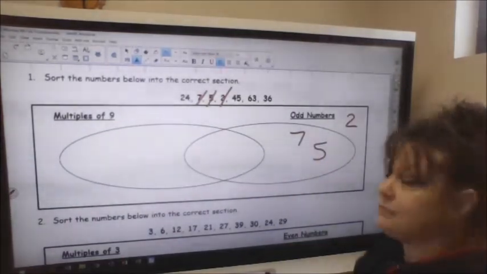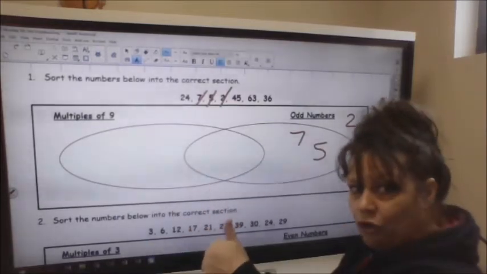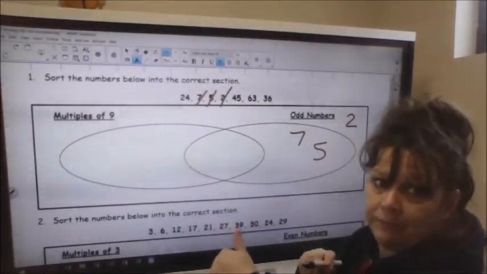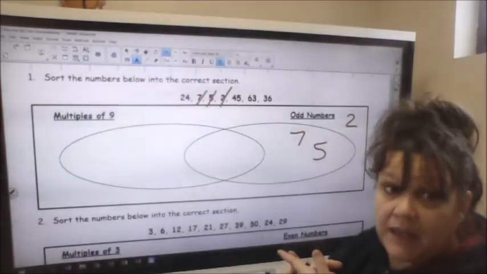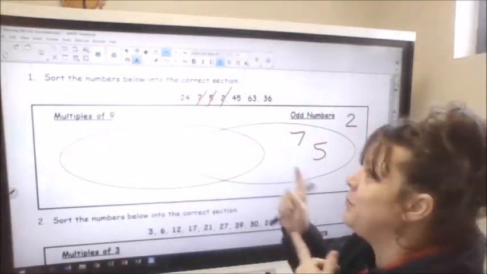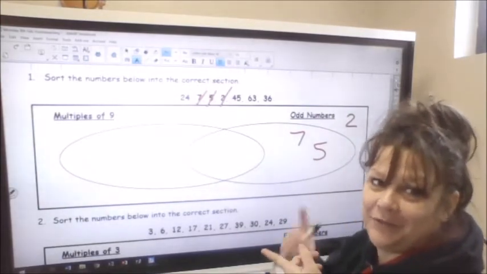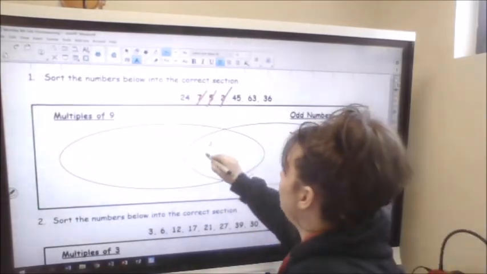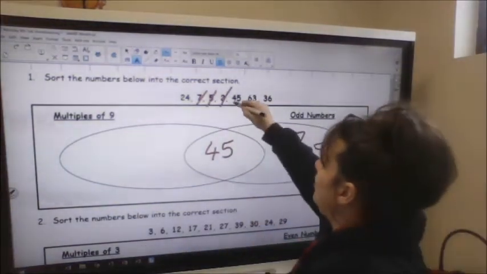Then 45. It's an odd number because it ends in 5. And it's also a multiple of 9 because it appears in the 9 times table. 9 times 5 is 45, so that would go in the middle. So I've used that one now.